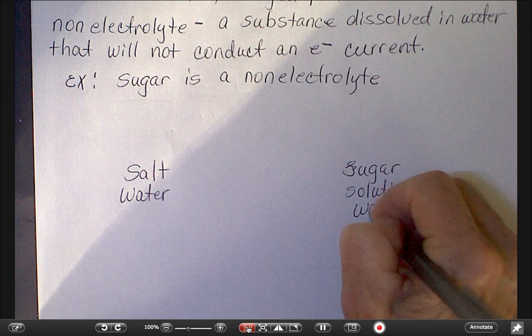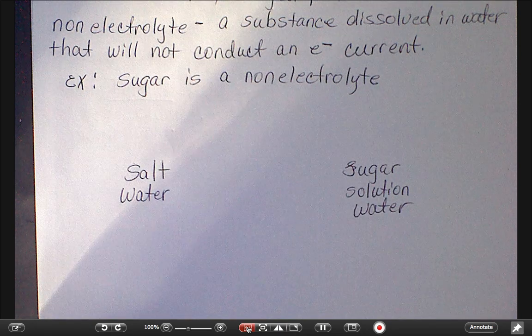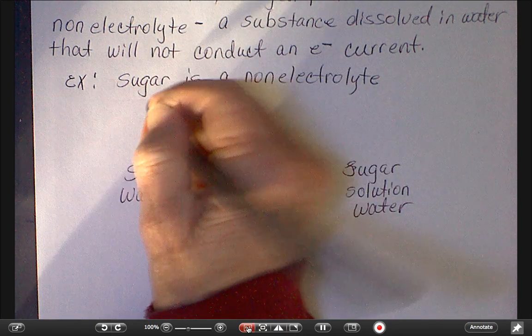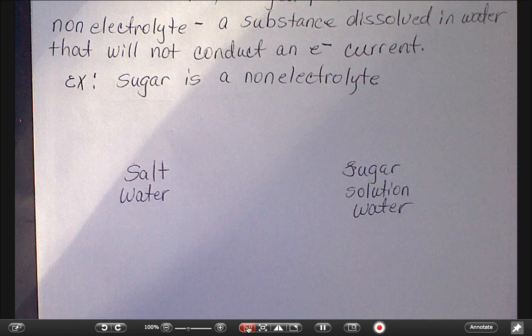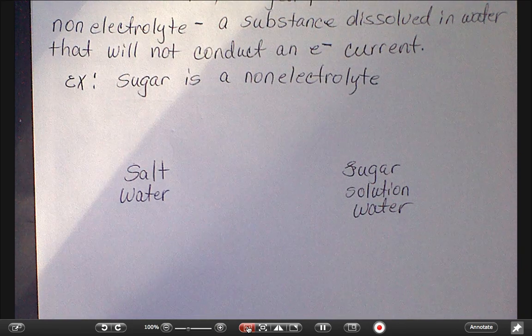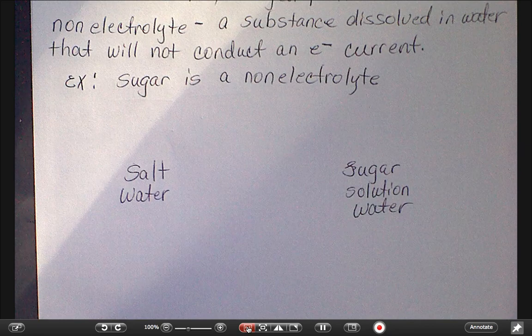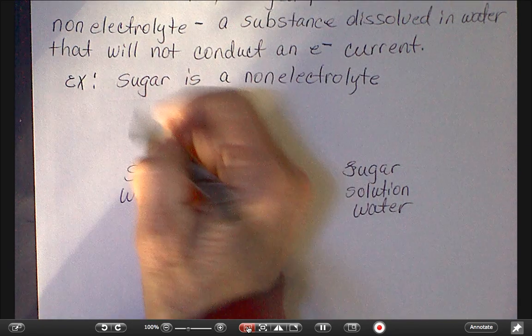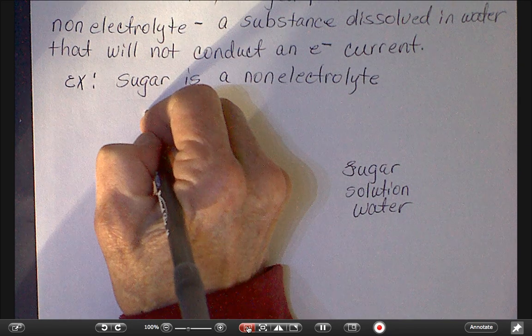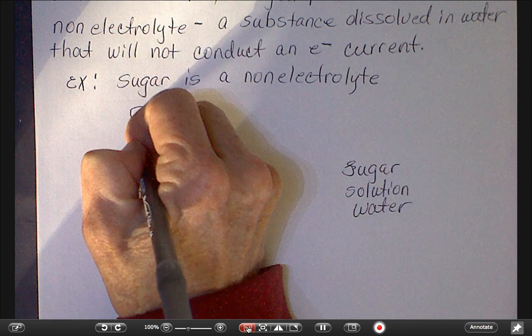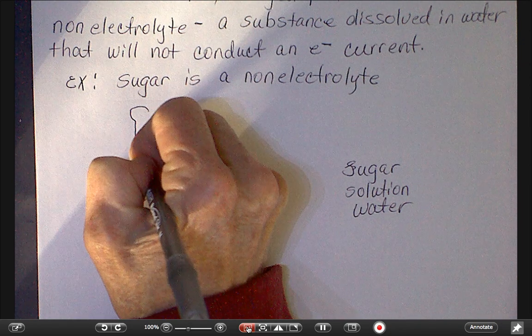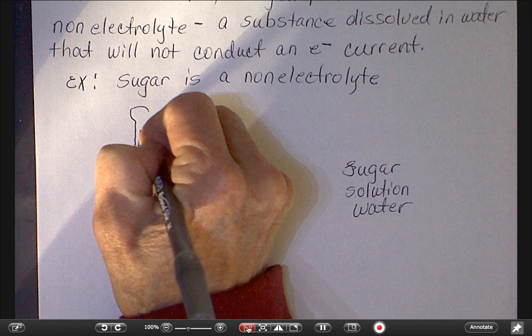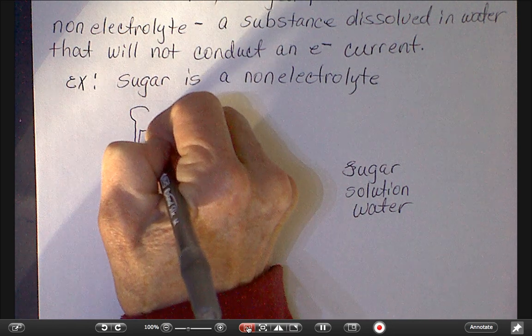I could have just put water. Okay, so in the salt solution, we already looked at that the salt breaks up into Na plus and Cl minus. So this one will conduct electricity. Okay, so we're going to draw this light bulb here that has probes going down into a jar of salt water.